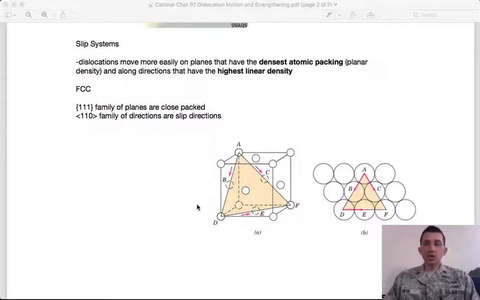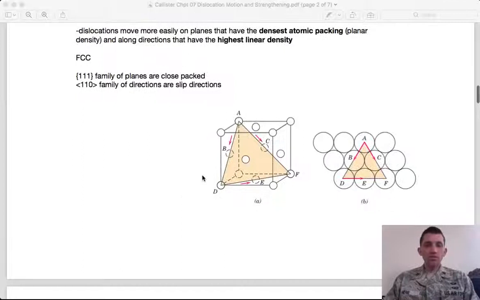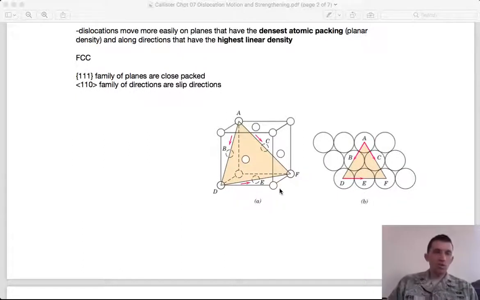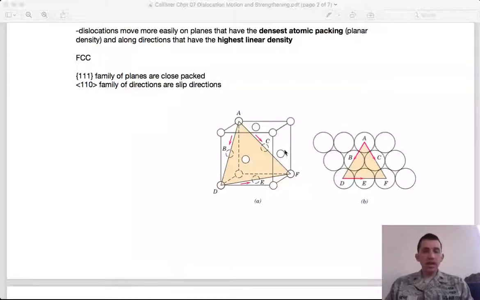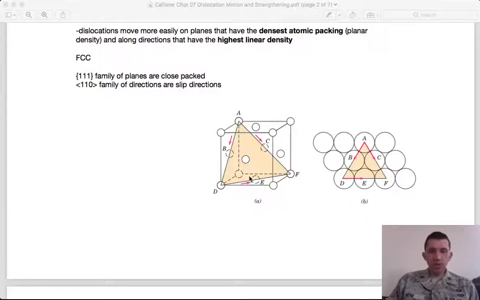And so nature is always trying to do the lowest energy thing, and so we see that FCC crystal structures are most likely to slip along this 1, 1, 1 family of planes, and within that plane along a 1, 1, 0 direction. Because if you remember, the 1, 1, 0 family of directions lies on the 1, 1, 1 plane, along this close packed direction.